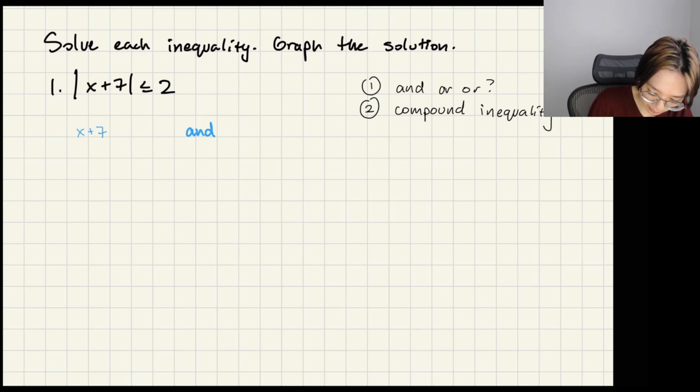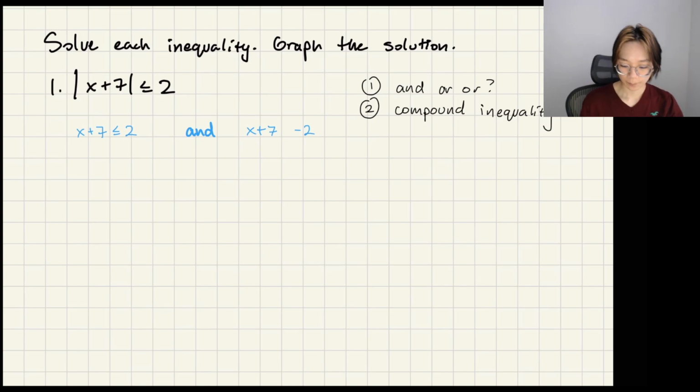So we have x plus 7 is less than or equal to 2, just like it's normal. And now we have x plus 7 and negative 2, but just like how the sign flips from positive to negative, the inequality sign also flips. So now it's going to be greater than or equal to negative 2.